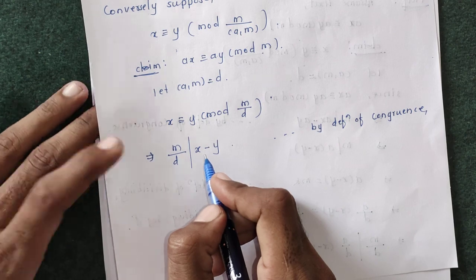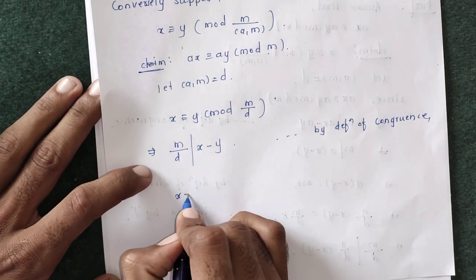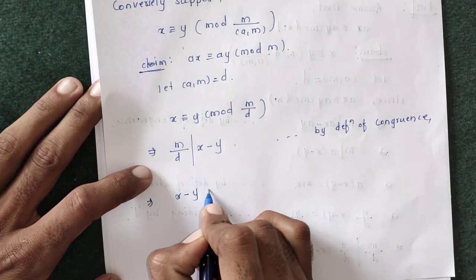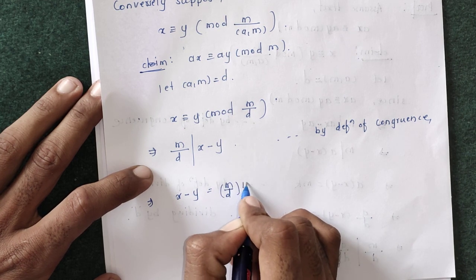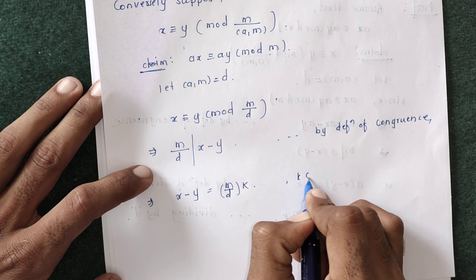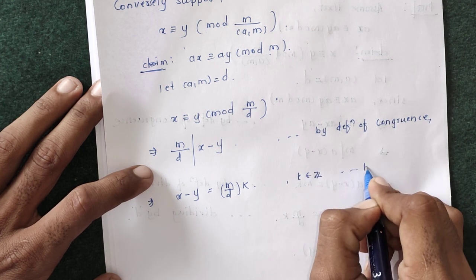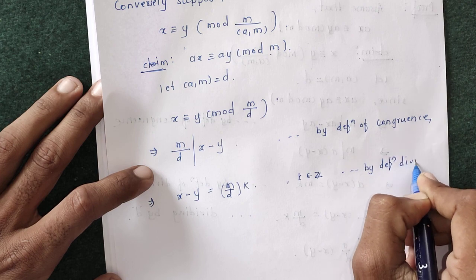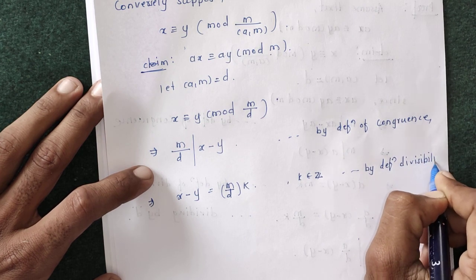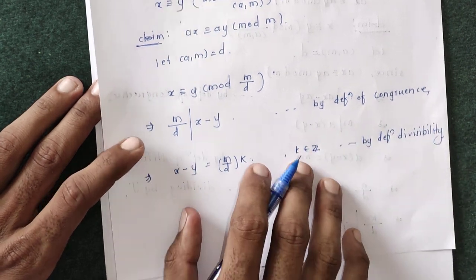Now using definition of divisibility we can write x minus y is equal to m by d into some k, where k is an integer.